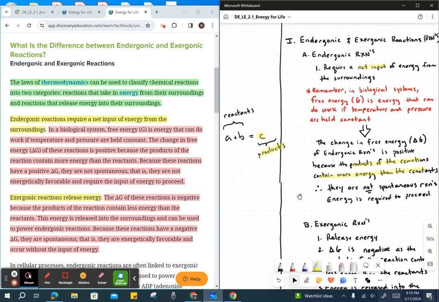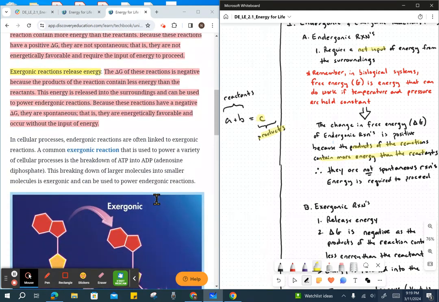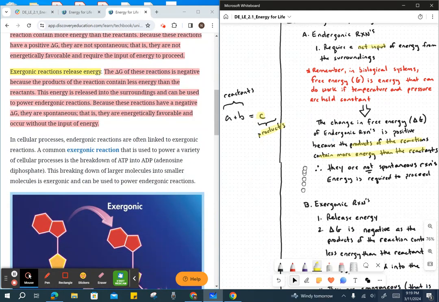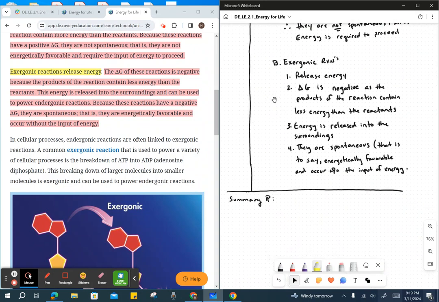Well, moving on to the second topic here, we're going to talk about exergonic reactions. And the nice thing is, this is a short lecture. Exergonic reactions, they release energy. Remember, endergonic, they absorb energy. That's why the products have more energy than the reactants. In this case, exergonic, they release energy.